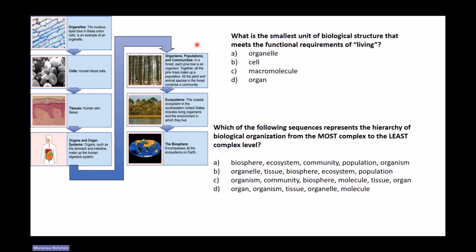We have a few answers in the chat box. We have B, cell, and we have A, then B, then A. We have B, we have cells, we have B. How many A's and B's? It seems like it's A versus B right here.